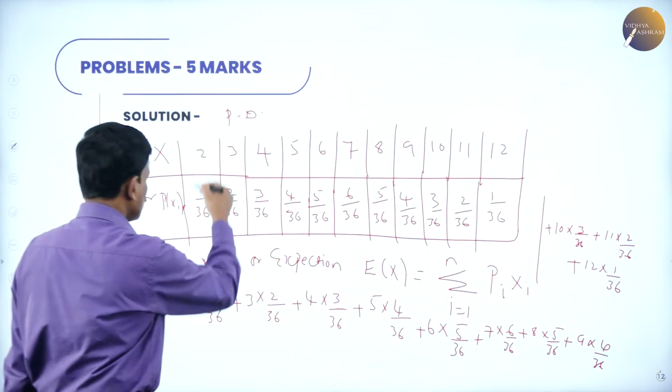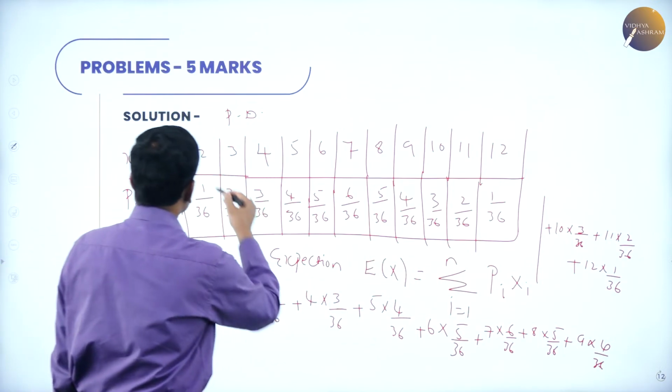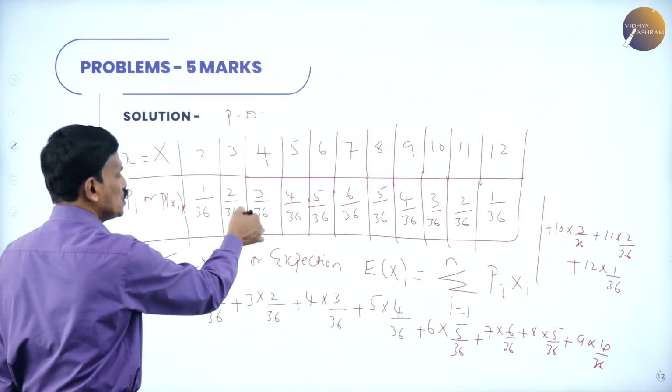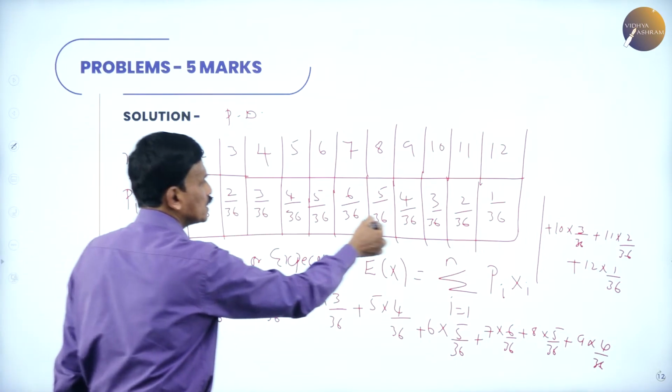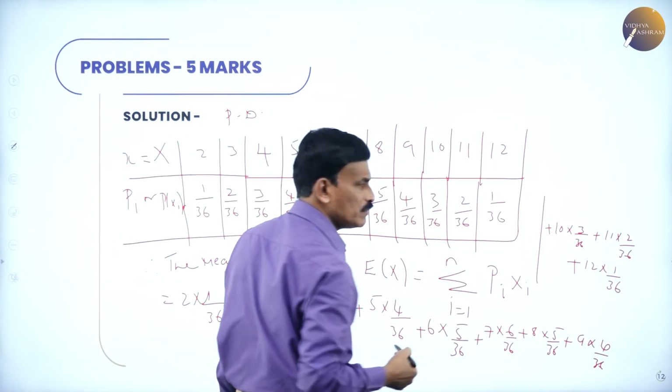So just multiply the summation. P i x i is nothing but 2 into 1 by 36 plus 3 into 2 by 36 and so on up to 12 into 1 by 36.